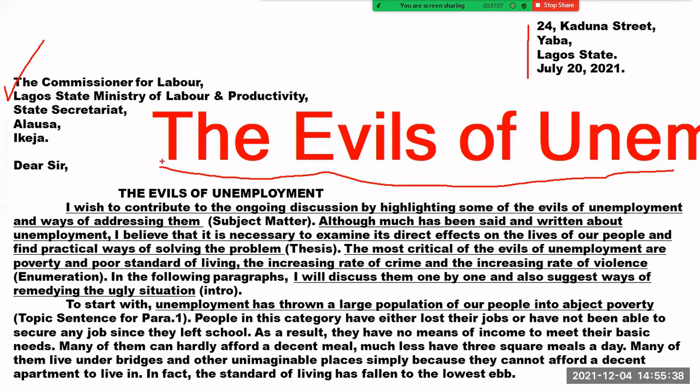Now, if this article were to be in the middle of the title, we don't need to begin it with a capital letter. But because it's the first word in the title, we capitalize the word. Then the word evils is a content word. English words are divided into two: content words and what we can call lesser words or empty words.